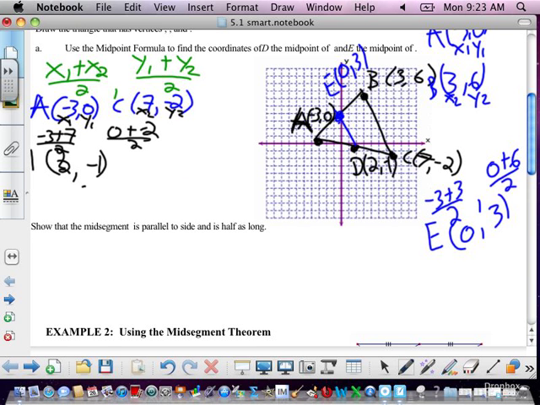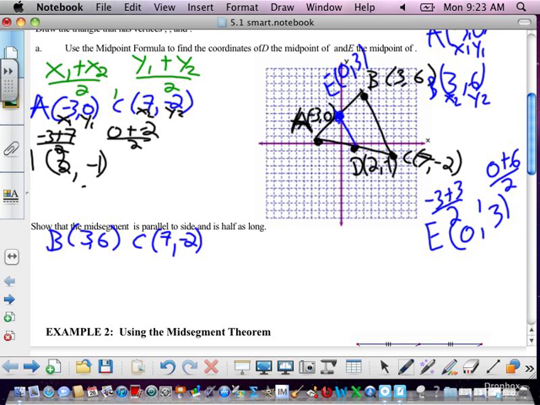So our slope is between B and C. So we've got B, which is 3 and 6, and C, which is 7 and negative 2. So we're going to find the slope there.